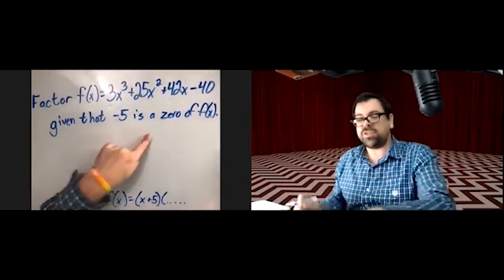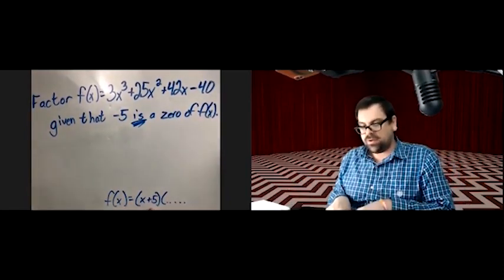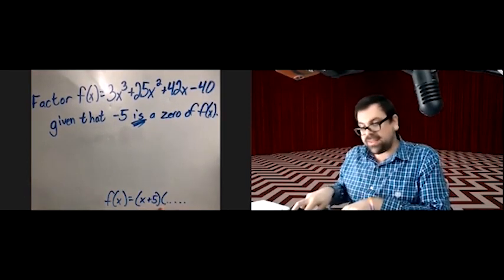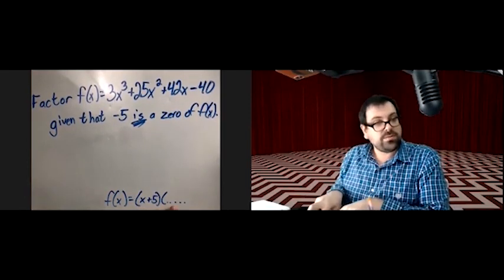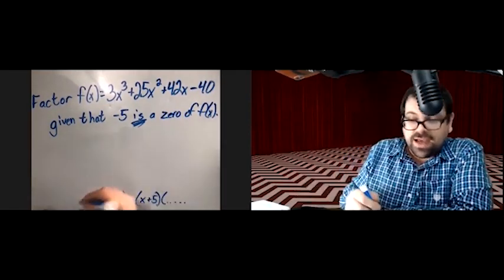That piece of information, that negative 5 is in fact a 0, means we have one of the factors. How can we get this leftover piece? Well, we can synthetically divide.